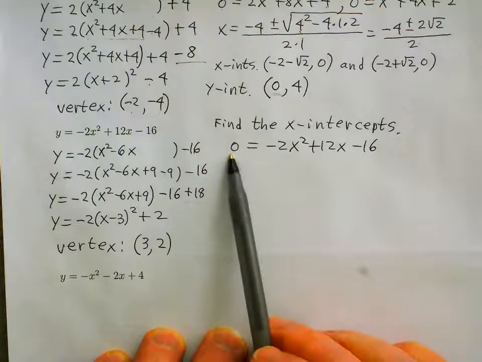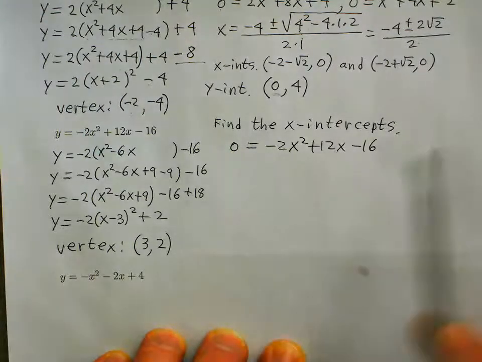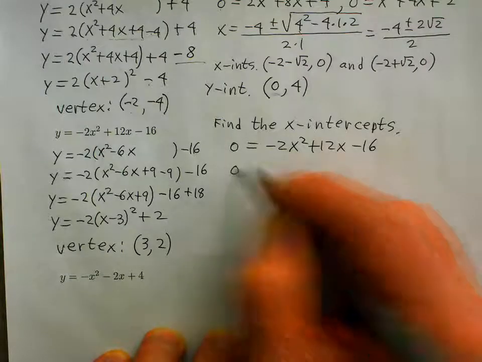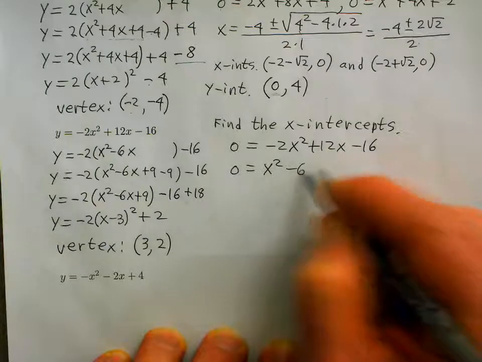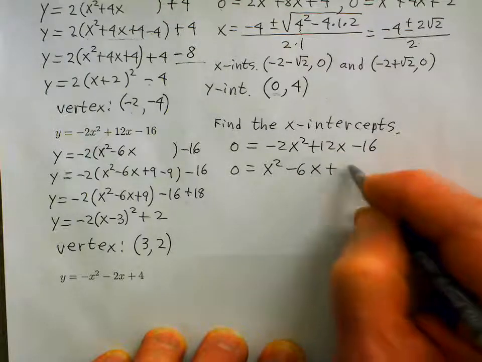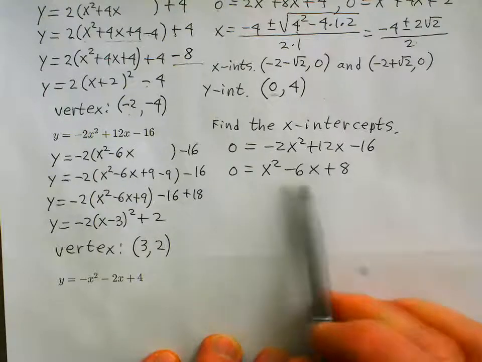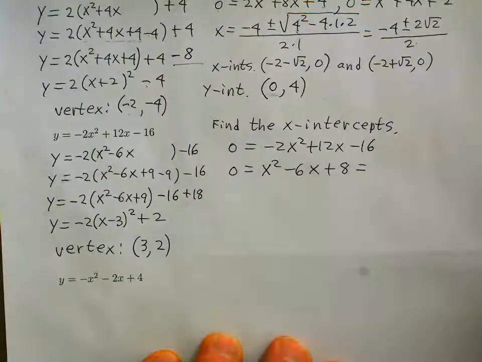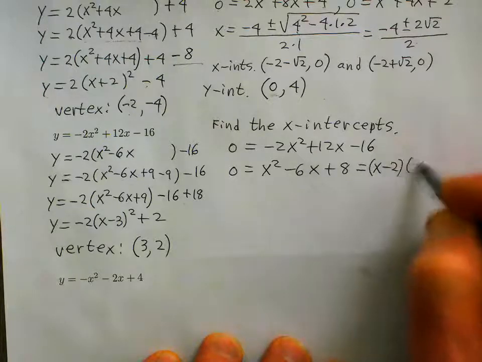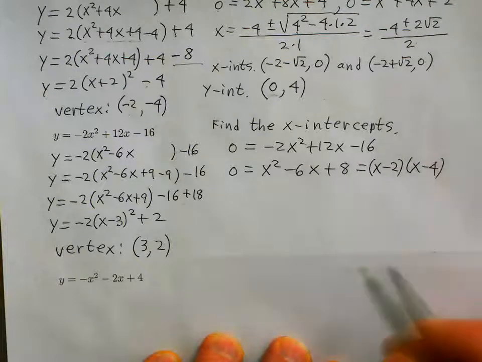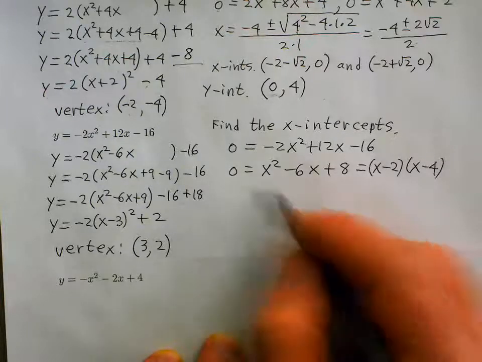We can get rid of some of the clutter that's in the way if we divide every term on both sides by negative 2. And we'll get 0 equals x squared minus 6x plus 8. And this one factors pretty nicely. The two factors are x minus 2 and x minus 4. So the solutions to that equation are 2 and 4.